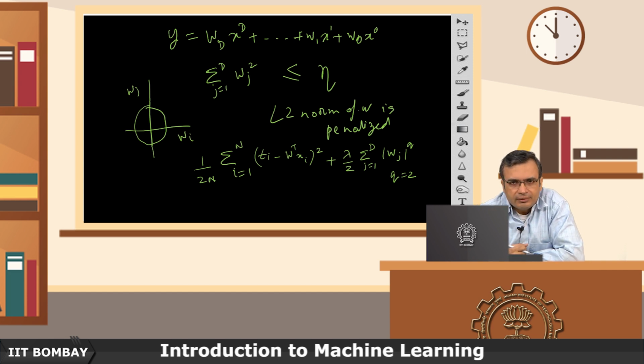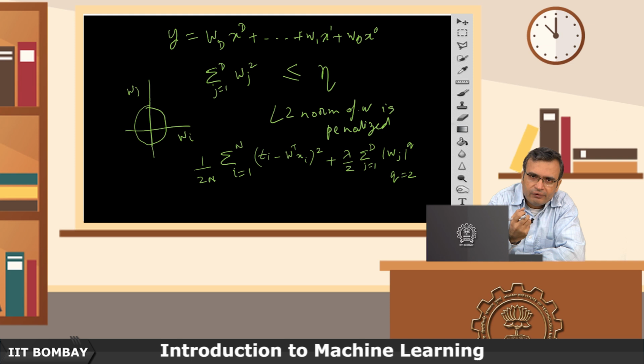So what is lambda? Lambda is your extent of regularization. If you have large lambda, then you can only have very small weights within a very tight ball, a very tight hypersphere of w, where we are looking at d dimensions, not just 2 dimensions.